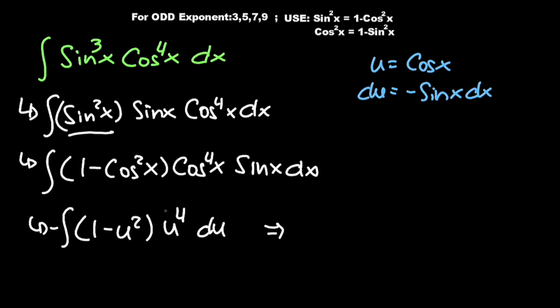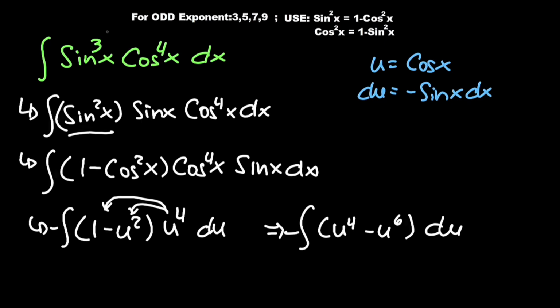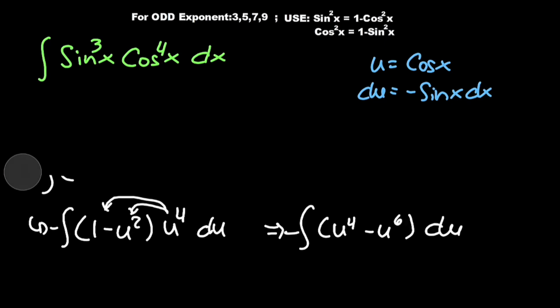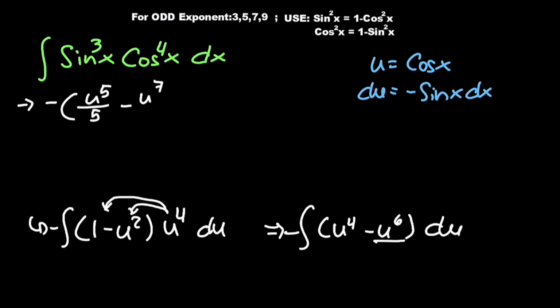And so, distributing u to the power of 4 in these two, we would have u to the power of 4 minus u to the power of 6 of du. Integral of u to the power of 4 would be u to the power of 5 over 5. Integral of this would be u to the power of 7 over 7 plus c.